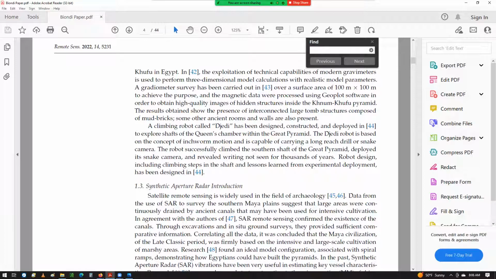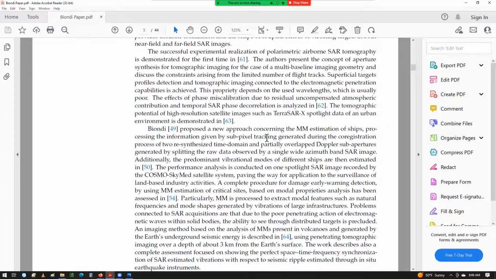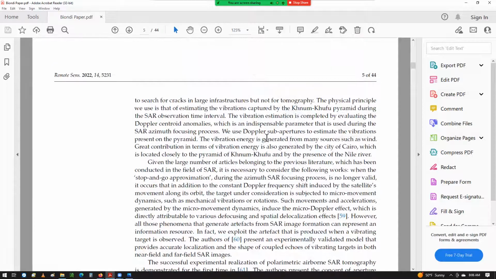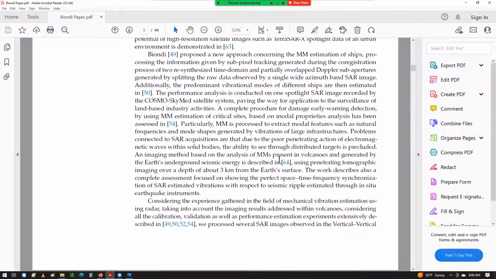You just type in volcano. Yeah, here it is. It is on page 5. So there's a reference.